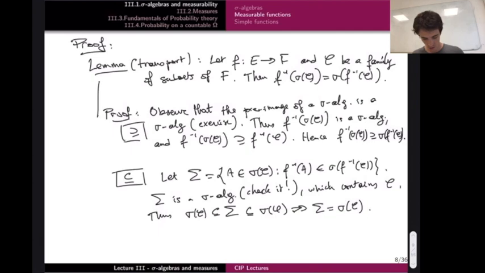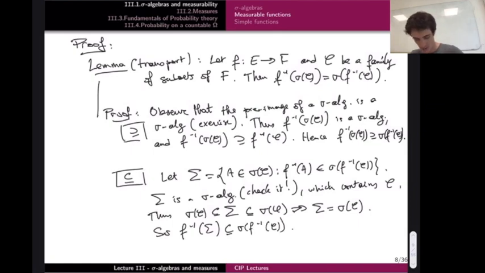Well, look at the definition of capital Sigma now. It's clear that, because we've identified capital Sigma with sigma of C, any element of sigma of C verifies that f minus 1 of this element is in sigma of f minus 1 of C. So f minus 1 of sigma of C is included in sigma of f minus 1 of C. Right?